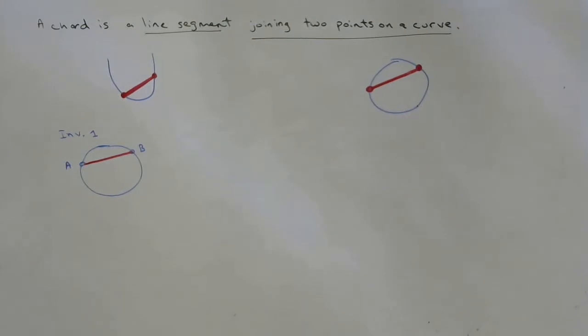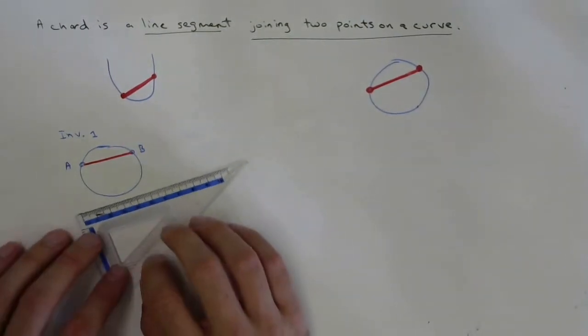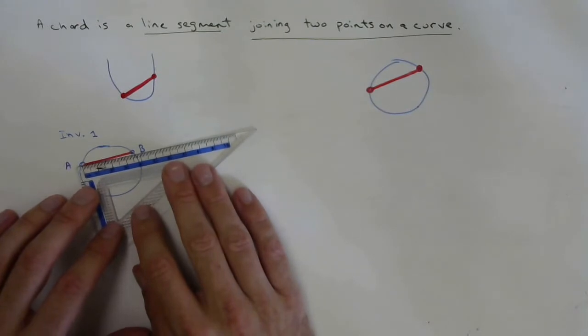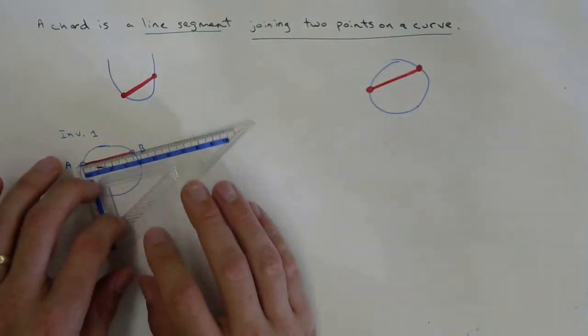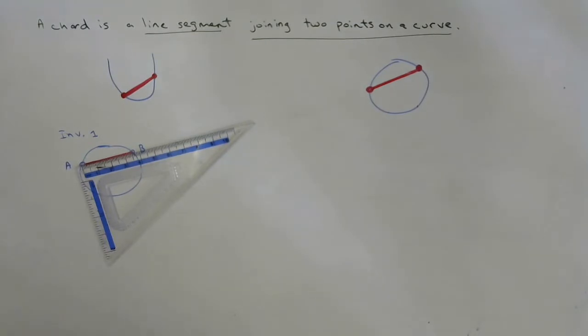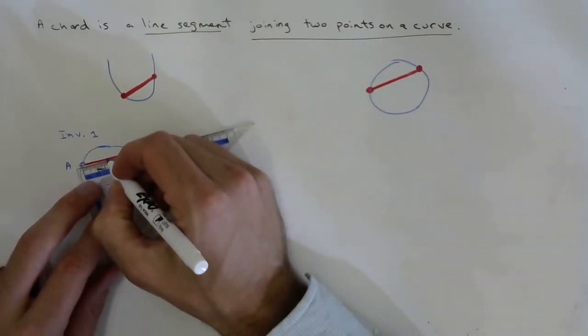Step 4: draw the right bisector of this chord. For that, we're going to need a ruler. So I'm going to determine the length of my chord, my line segment AB. I'm going to call it 3.6, which means I get to draw a dot at 1.8 centimeters, which is right there.